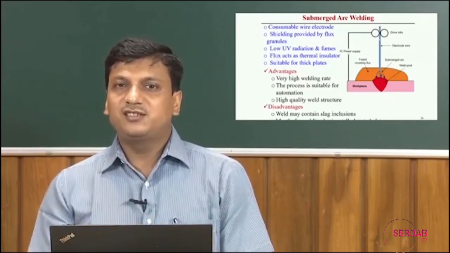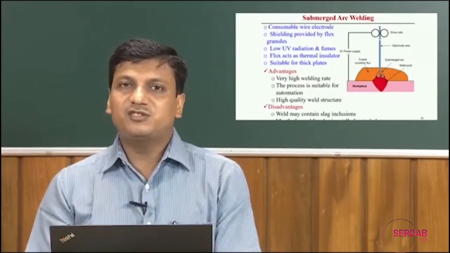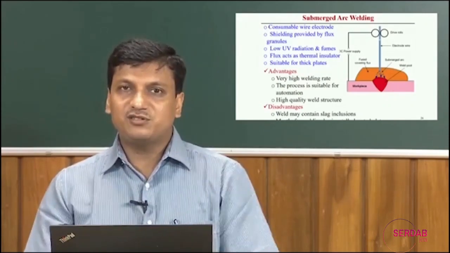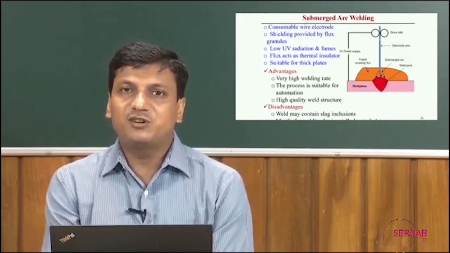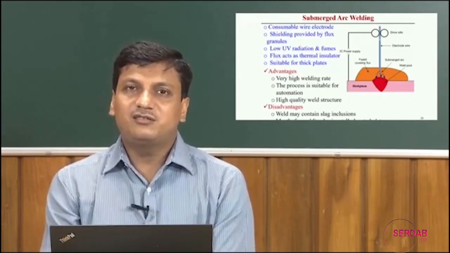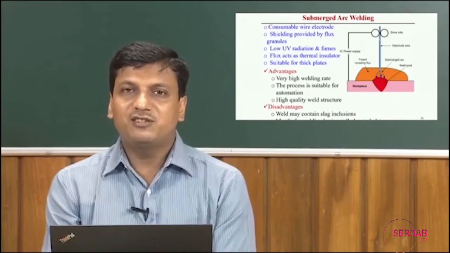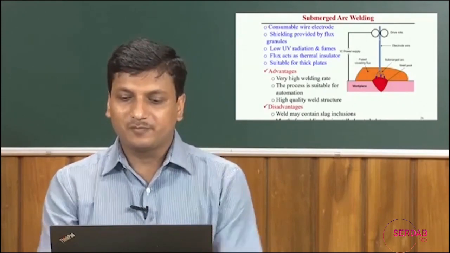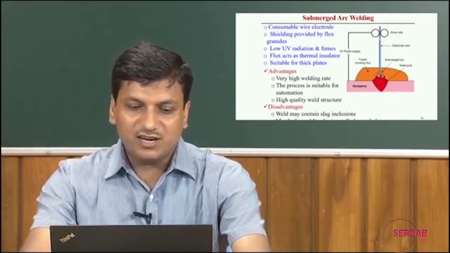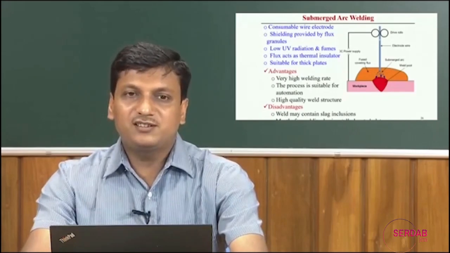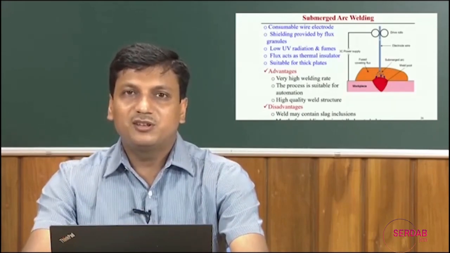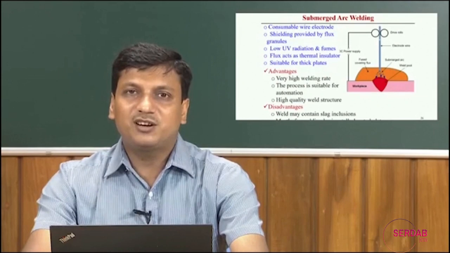the efficiency of the process is relatively higher as compared to gas metal arc welding or shielded metal arc welding processes. If we look at the typical advantages, it is a very high welding rate as compared to gas metal arc welding or shielded metal arc welding.